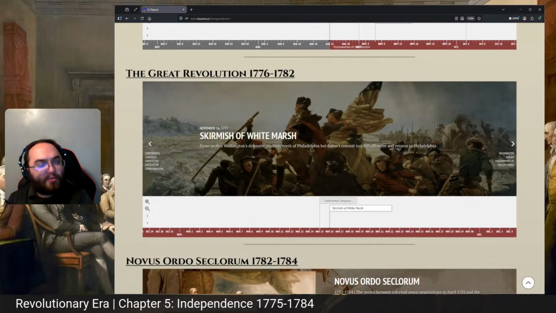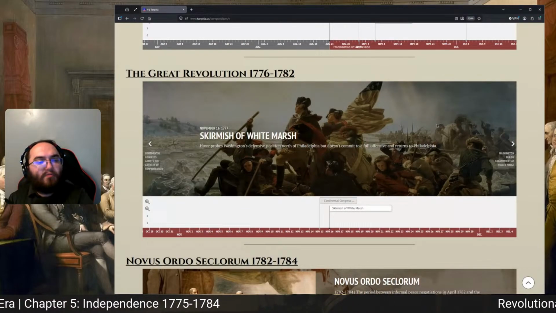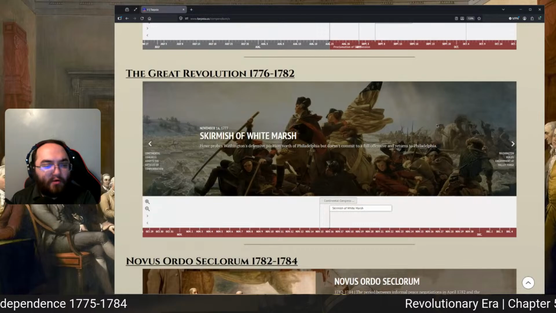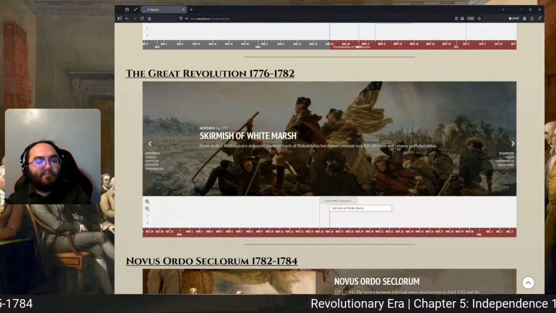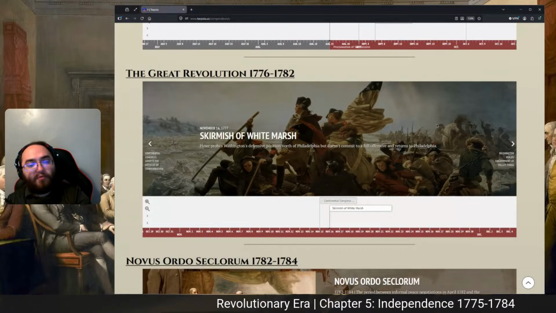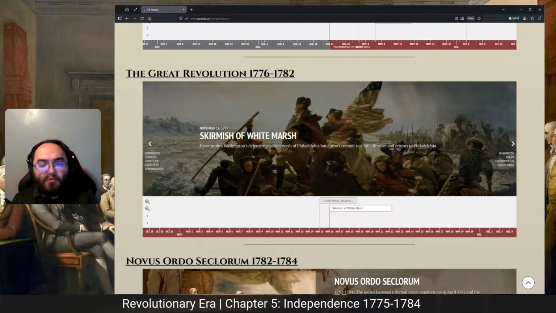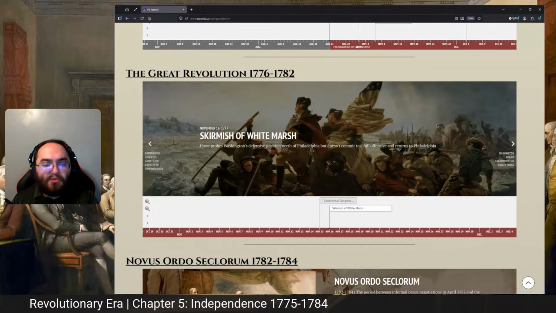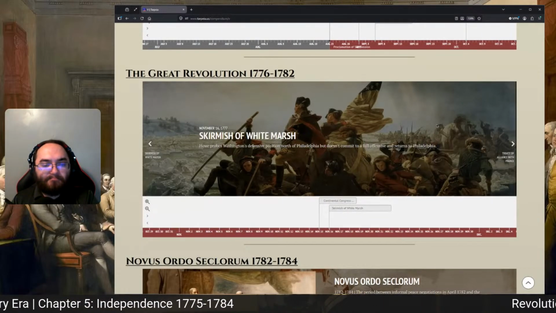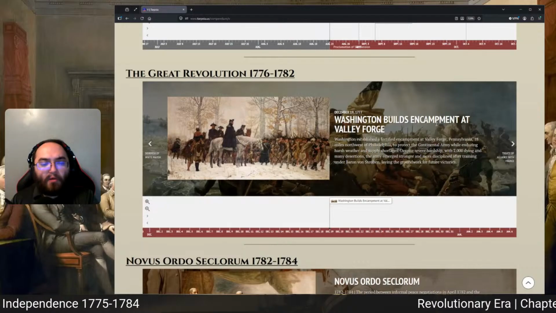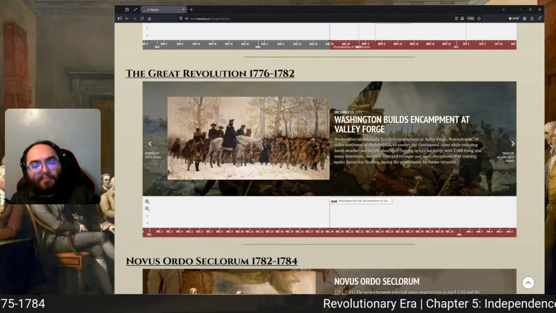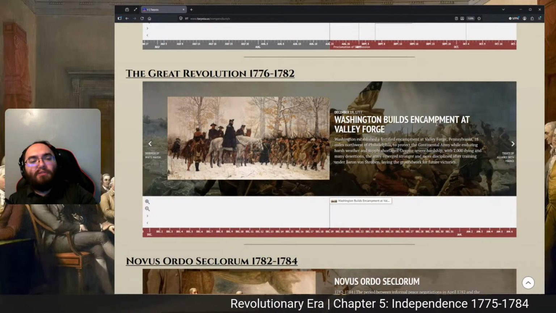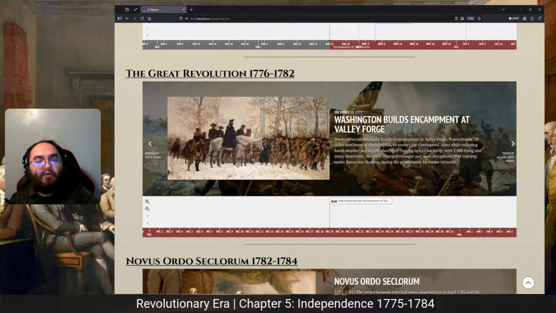Here's the skirmish of White Marsh, November 16, 1777. Howe probes Washington's defensive position north of Philadelphia, but doesn't commit to a full offensive, and he returns to Philadelphia. While Howe is going to encamp at Philadelphia, Washington is going to encamp at Valley Forge.